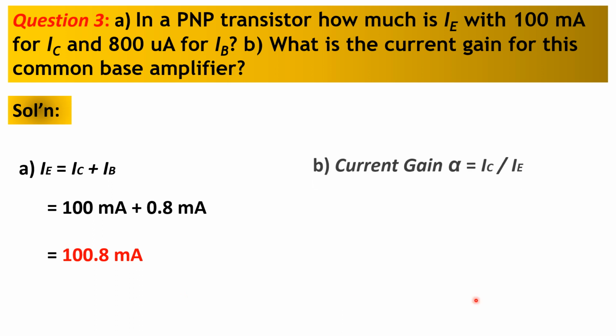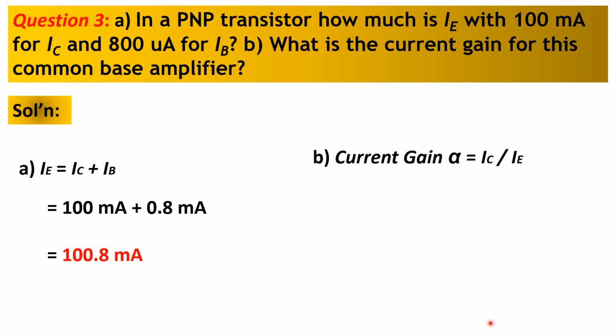For letter B, we are asked to find the current gain for this common base amplifier. So we are talking about the current gain alpha, whose formula is IC divided by IE. Substituting, we have 100 milliamperes for IC divided by 100.8 milliamperes for I sub E. Therefore, the current gain alpha is equal to 0.99.